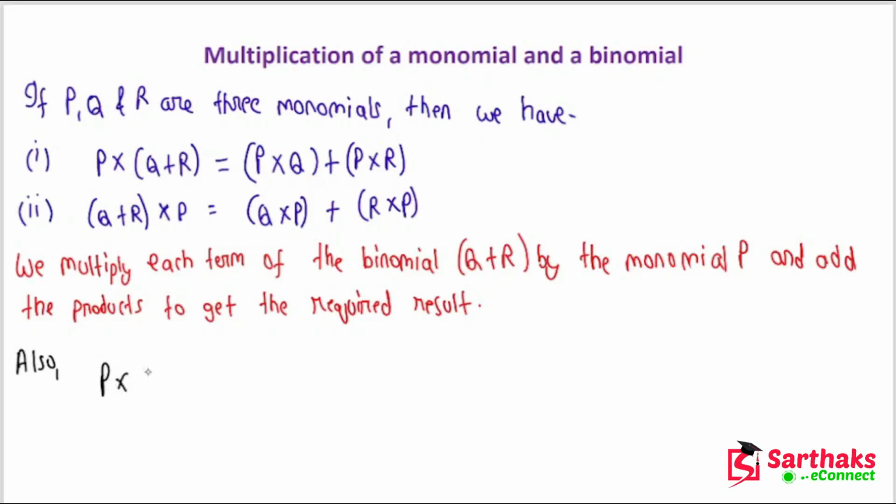So if you have P into Q minus R, it would be P into Q and just subtract P into R. Nothing new.